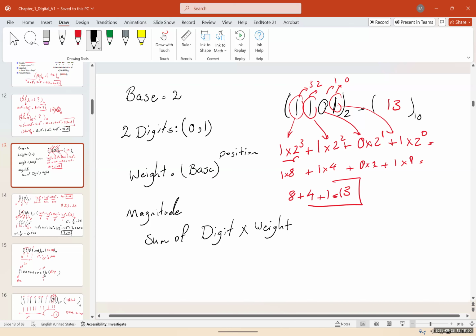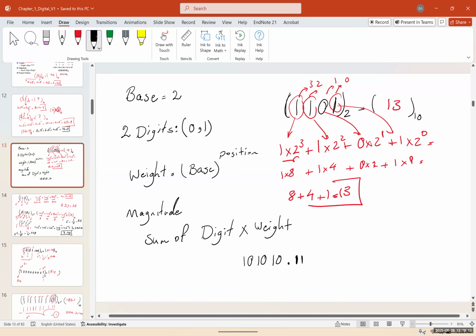Now, give me a random binary number. Someone give me a 1010 10, and give me a fraction. 3/5. It should be in binary. So let's say 1, 1. Okay.